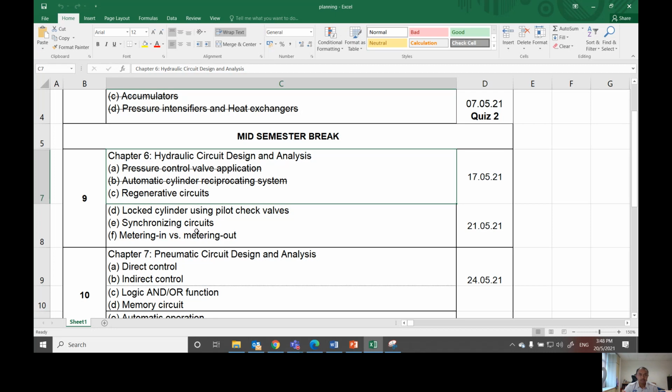As we can see from this planning, for chapter 6, we have only completed pressure control valve application and automatic cylinder reciprocating system. Today I'm going to deliver a lecture regarding the regenerative circuits, lock cylinder using pilot check valve, synchronizing circuits, and also metering in versus metering out.